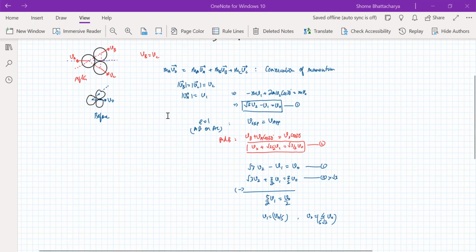Sir, V2 will be 6 by 5 root 3 V naught. 6 by 5, yeah? Okay, I'll just check. So V2 is V naught plus V1 by root 3.